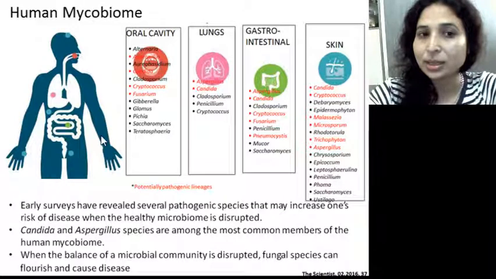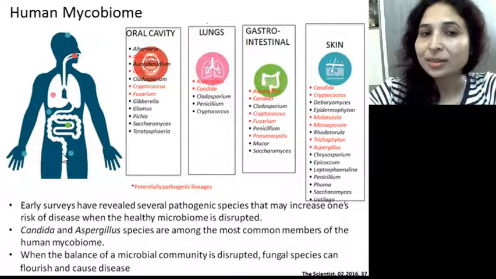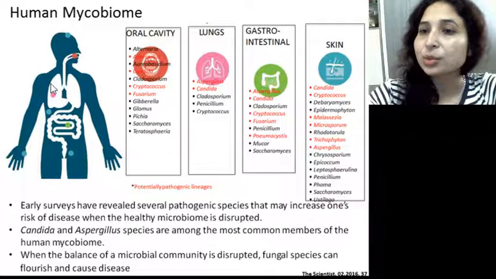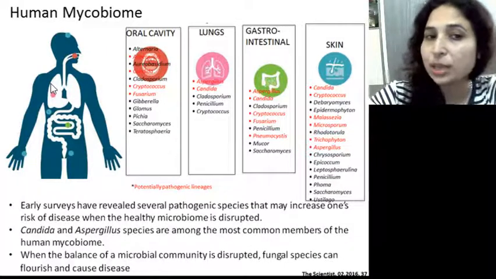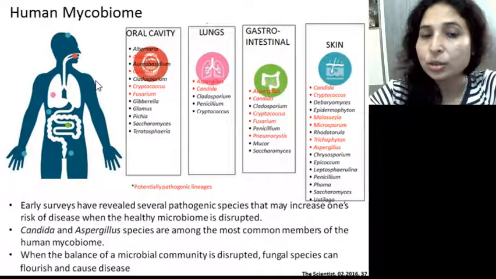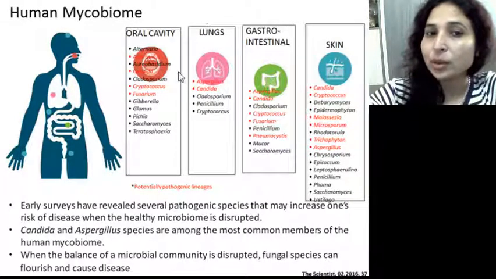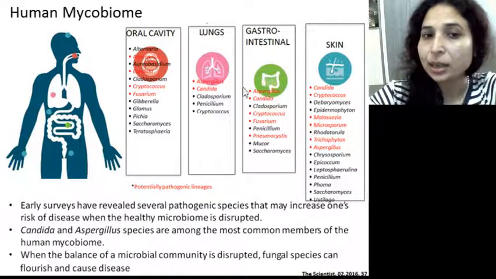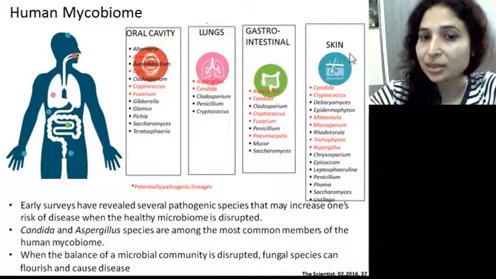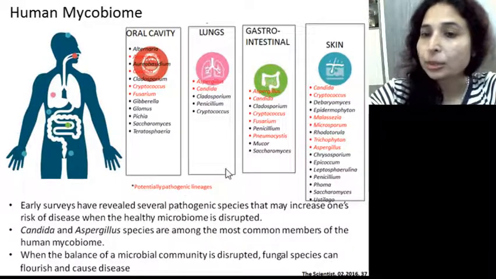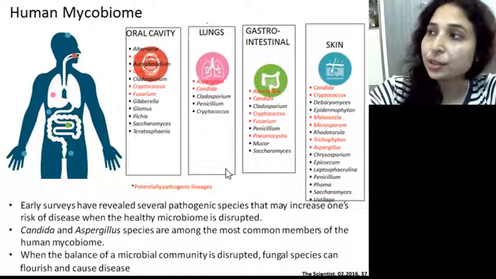Here you can see that right from the mouth to the colon there is a distribution of these microbiota, and you can also see the variations of the microbiome across the various parts of the body, like the oral cavity, the lungs, the gastrointestinal tract, and the skin, and the ones listed in red show the pathogenic species that inhabit those areas.